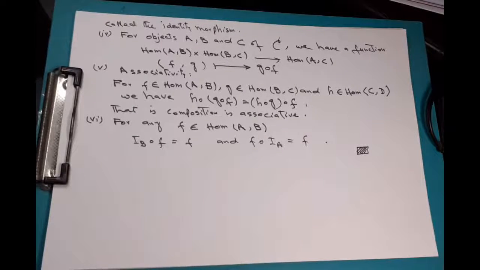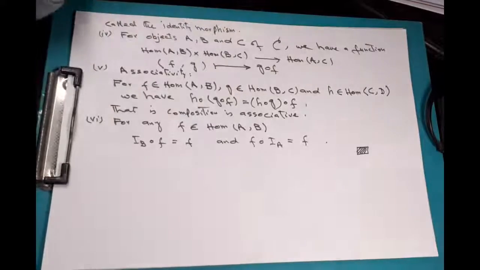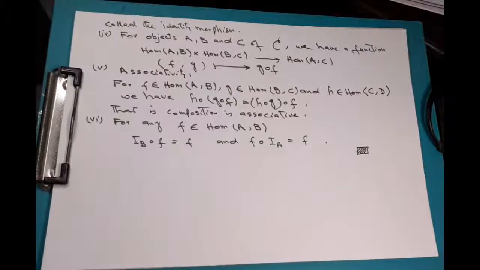Secondly, for any two objects A and B, we have a collection of all the morphisms with domain A and codomain B. And thirdly, if we are given morphisms from A to B and then B to C, we can compose these two morphisms.